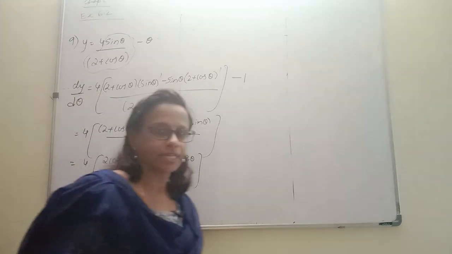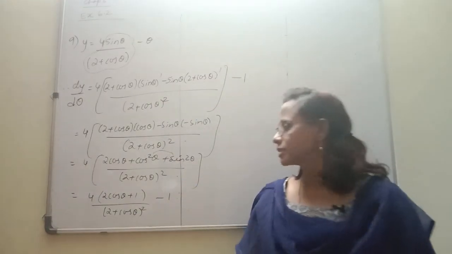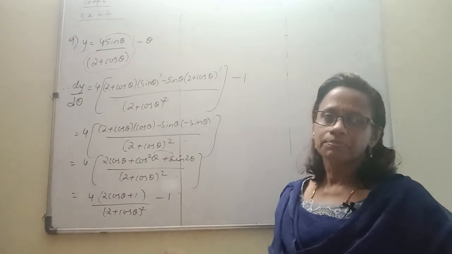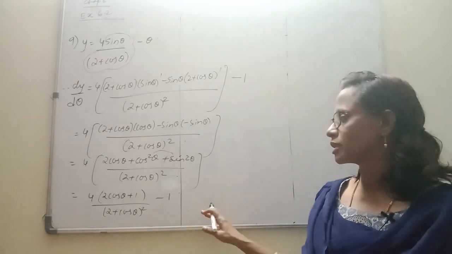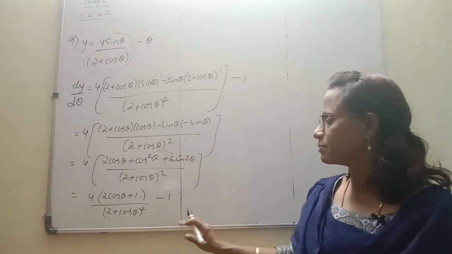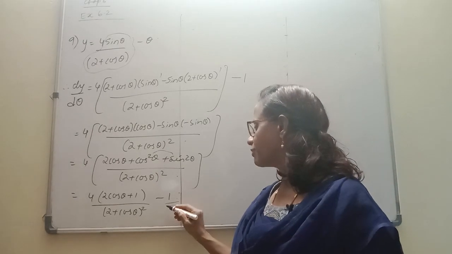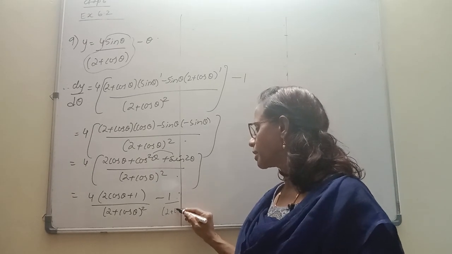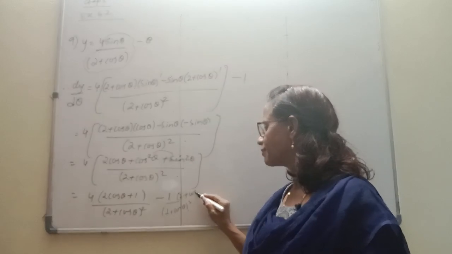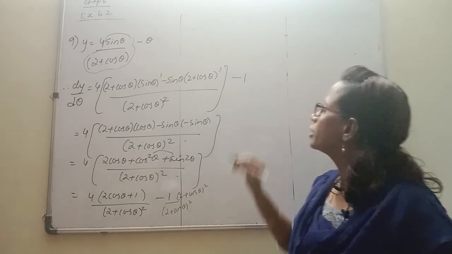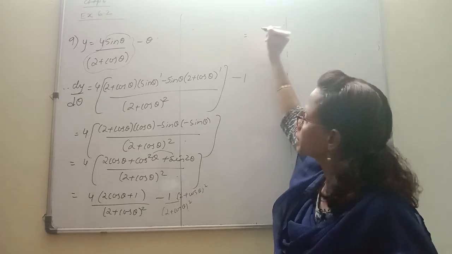Now since we have to decide the sign of dy by d theta, it's better that we simplify this and get across a simplified answer, so that will help us to work. So let's simplify. For simplifying, here we'll have to equalize this denominator by multiplying both the numerator and denominator by this expression, so that we have the denominator equalized. So therefore we are now coming up with the expression.